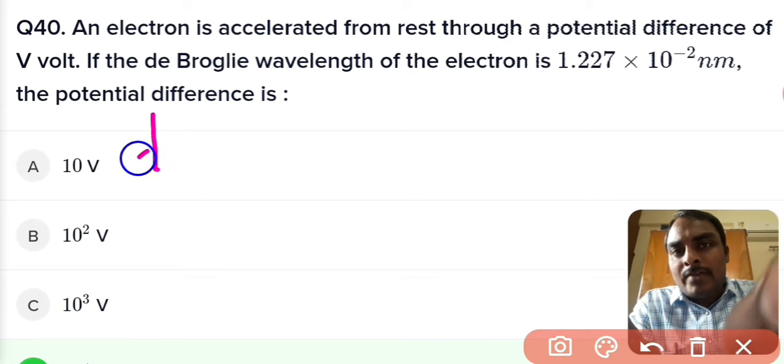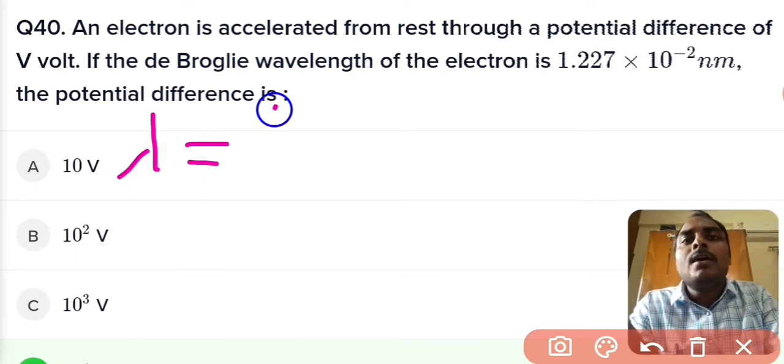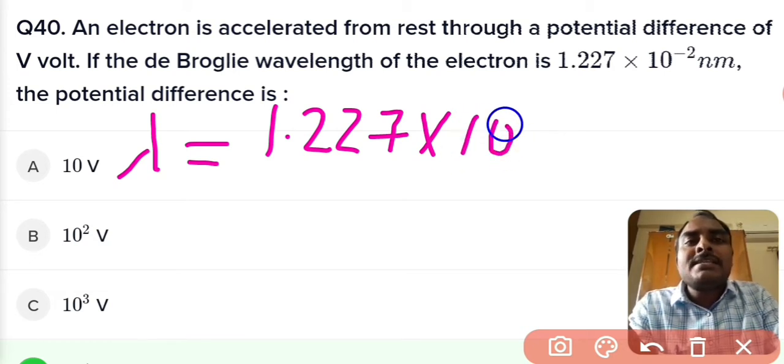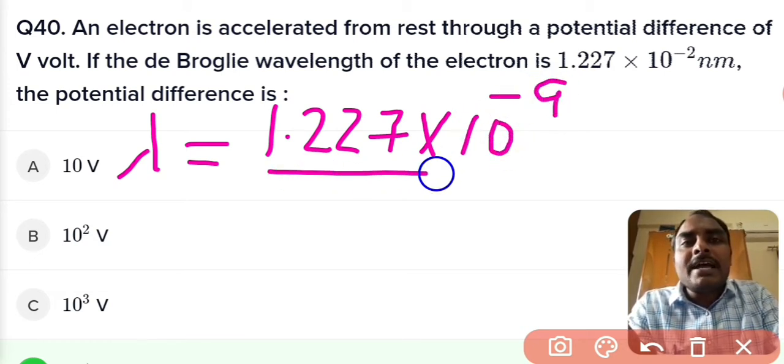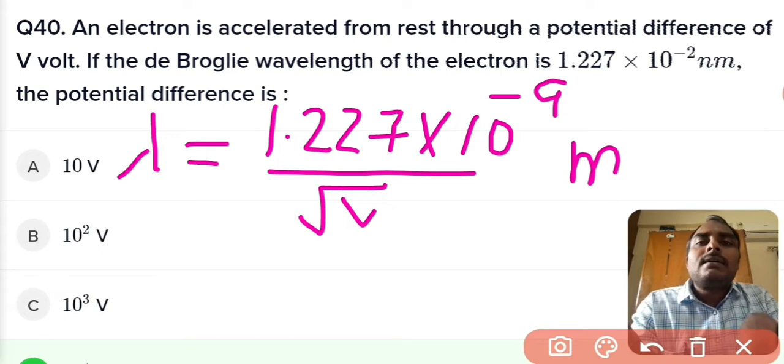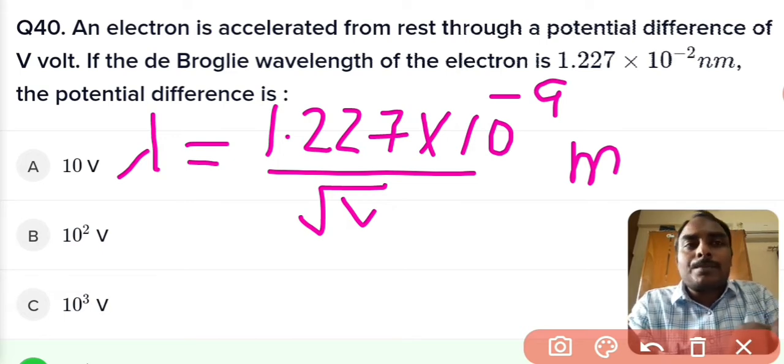De Broglie wavelength of electron formula: 1.227 nanometer, nano means 10 power minus 9, so 10 power minus 9 divided by root V meter. This is the formula for de Broglie wavelength of electron.